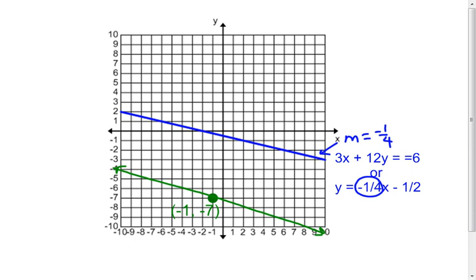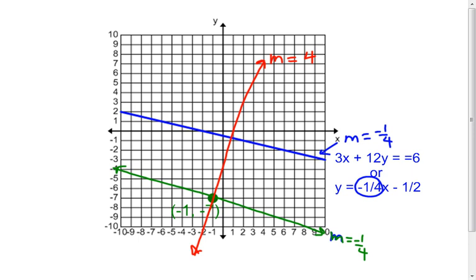The one that is parallel to it will also have a slope of negative 1/4. And then the one that's perpendicular to it that goes through that green dot like this has a slope that is opposite reciprocal. So the opposite reciprocal to negative 1/4 is positive 4.